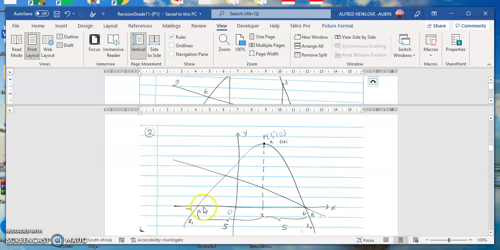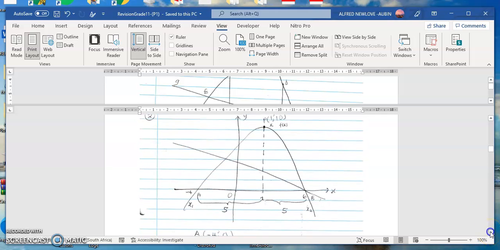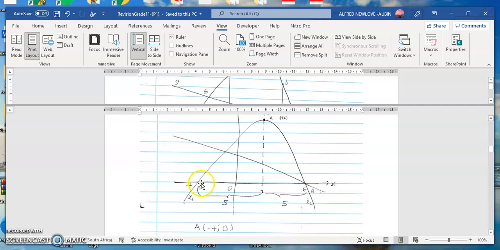But since it's on the left-hand side, we are going to have negative 4 at this side, because the numbers on the left-hand side of 0 are negative values. So the coordinates of A are going to be (-4, 0). Are we together?